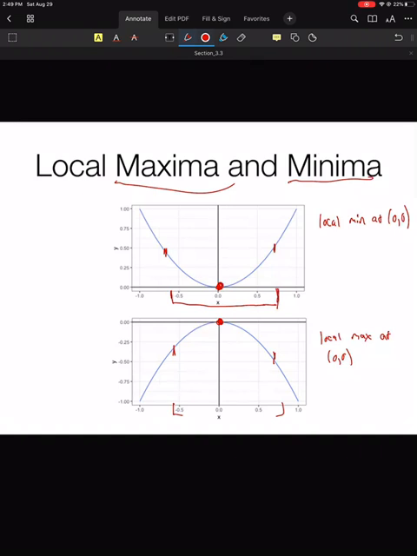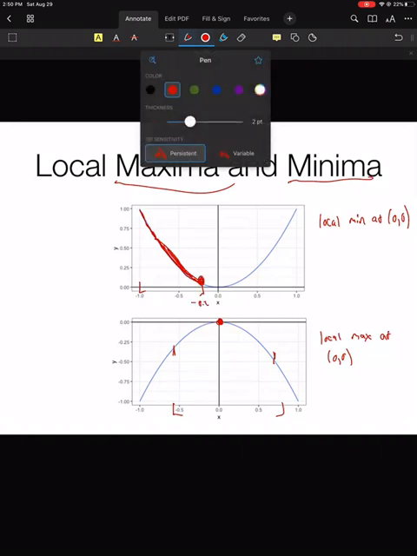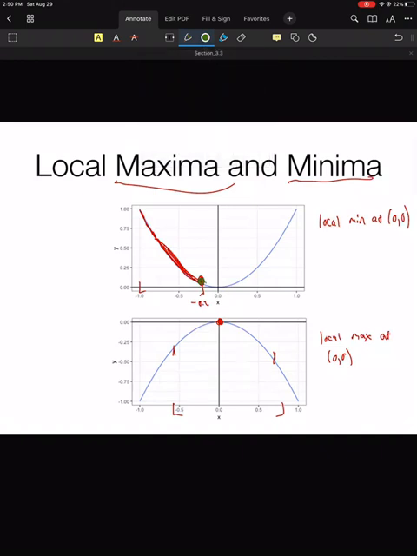Where the technical definition comes in is you might say, by that definition, if I choose the open interval, which means I just choose an interval of numbers, maybe from -1 to -0.2, and I look at this interval that I'm coloring in, you might say that at -0.2, this point in green is lower than all the other points.